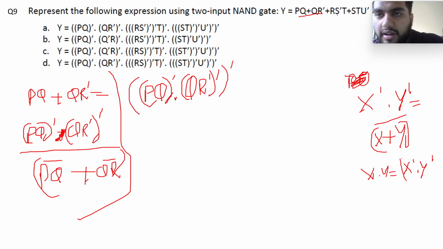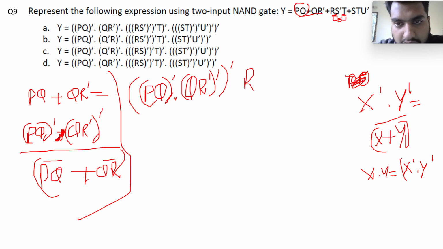Then we have RS complement T, so only two inputs are available, so I need to take these two first, these two and these two, first this and then this with this. Here I consider it as one term, so I first take this term, then I need to AND with this term.